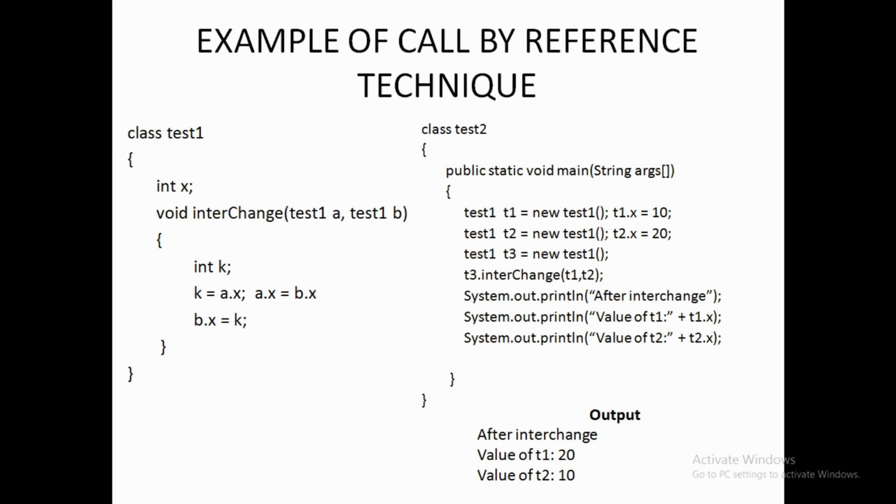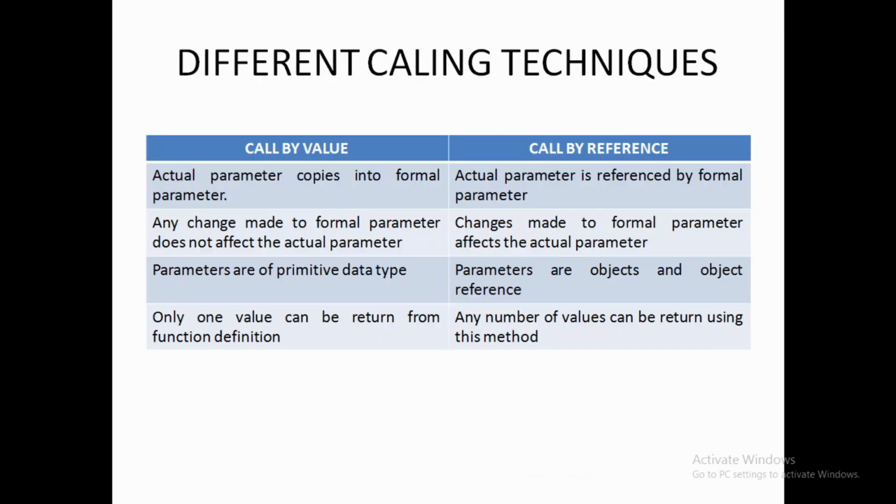Now, having grasped the concept of function call by value and call by reference, we will go back to the slide where the difference between these two techniques was discussed. Now I think it is easily understandable. The actual parameter is copied into the formal parameter in case of call by value, as we have seen. But in call by reference, the actual parameter is referred to by the formal parameter.